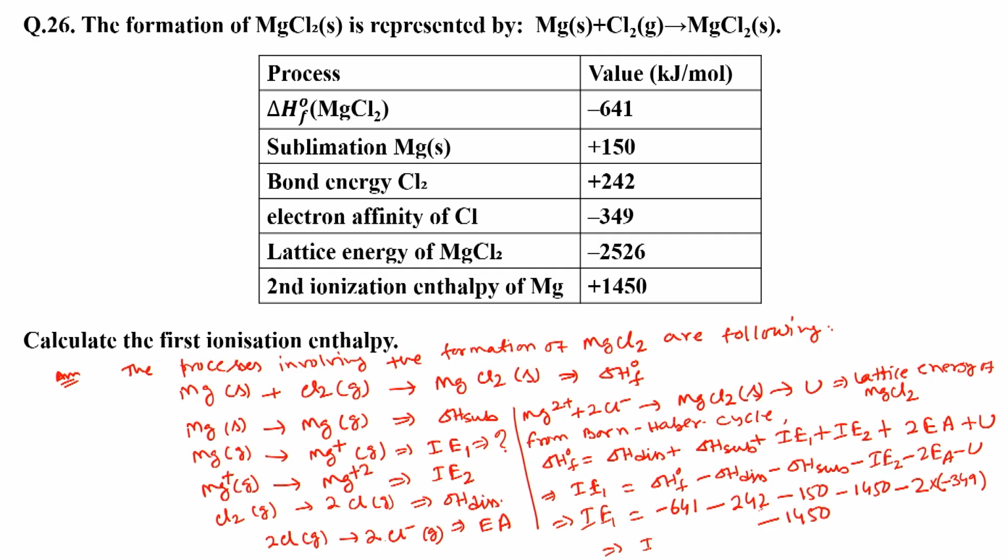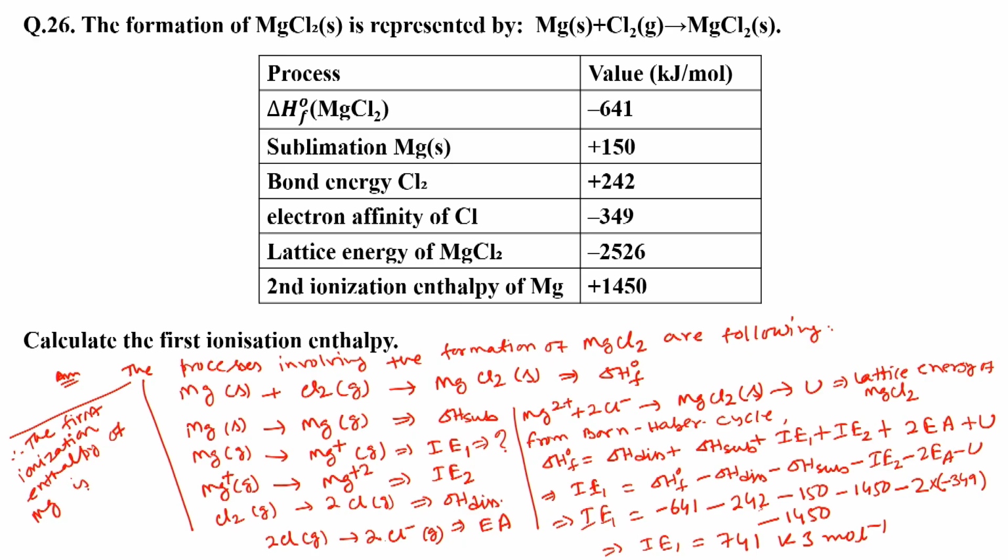So, if we calculate this, we get IE1 is 741 kilojoule per mole. Therefore, the first ionization enthalpy of Mg is 741 kilojoule per mole.